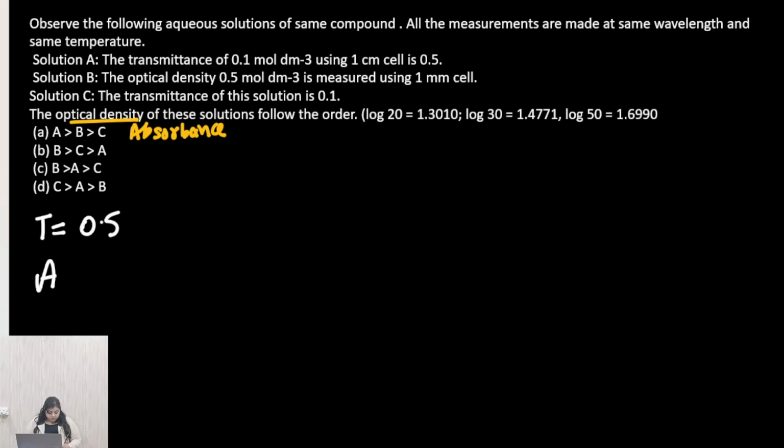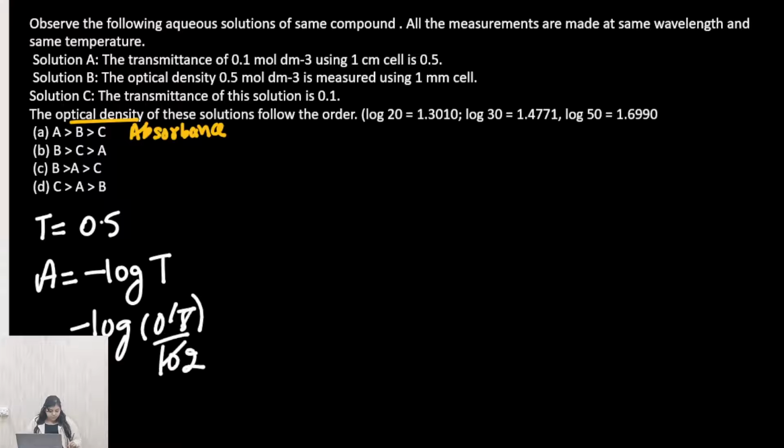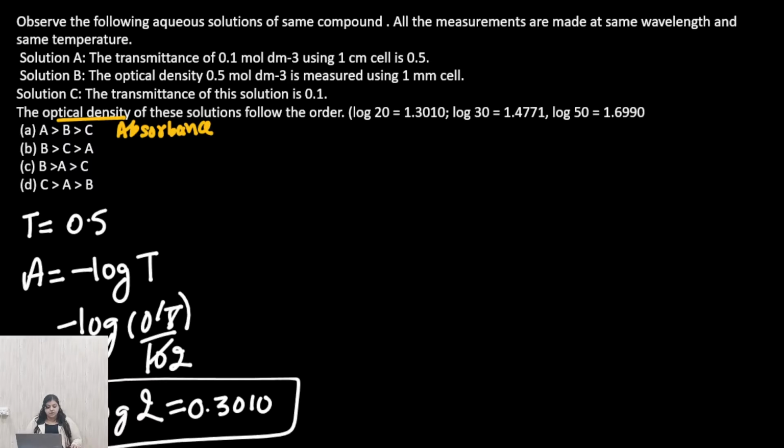Now absorbance, we know, is equal to the negative log of T. So it will be negative log of this transmittance, which is 0.5. So this decimal you can write as 1 by 2. So this will become log of 2. So the absorbance value will be equal to 0.3010, right? So this is the absorbance we are having for solution A.